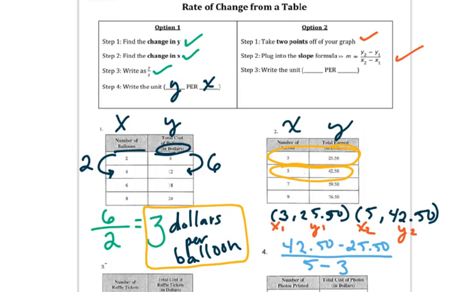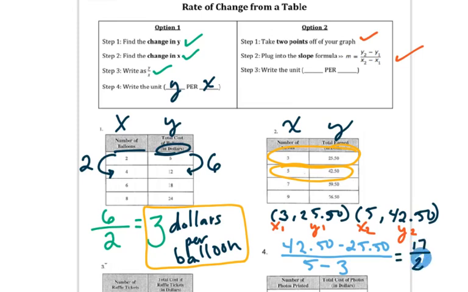Okay, so now we calculate that. 4250 minus 2550. So we would get 17 over 5 minus 3 is the number 2. So in this original equation, we had decimals here, which means in my final answer, this 17 over 2 does not reduce into a nice whole number.